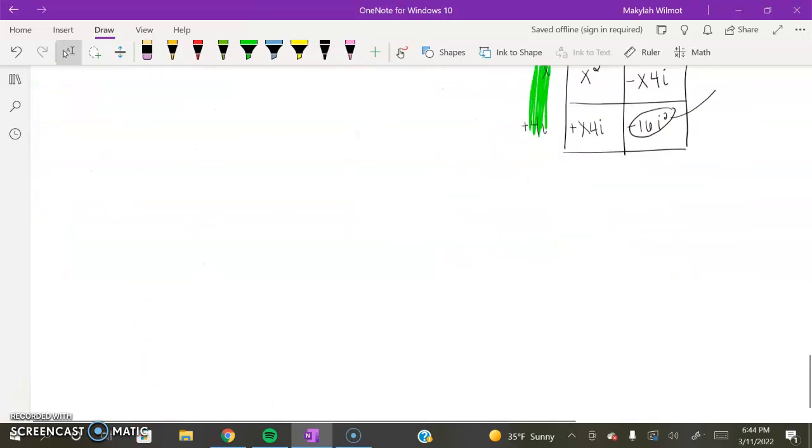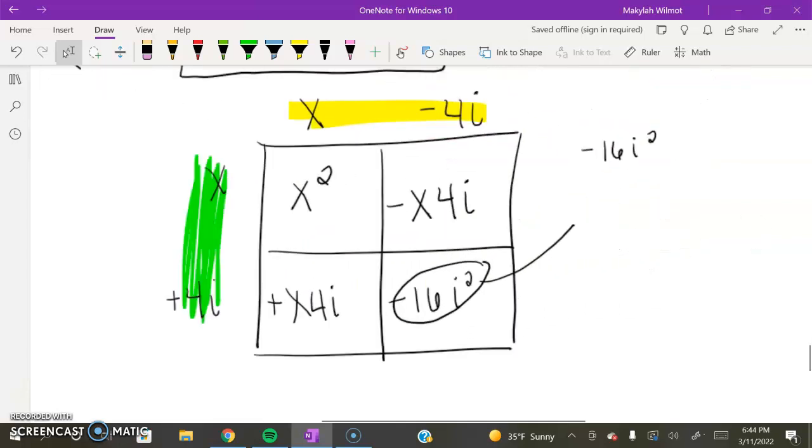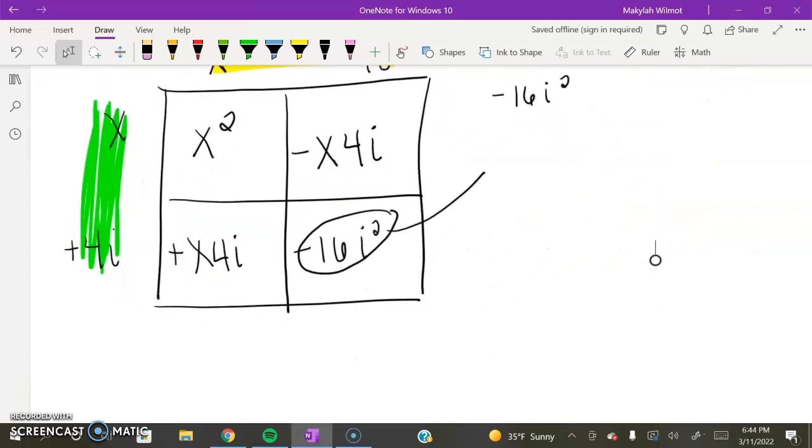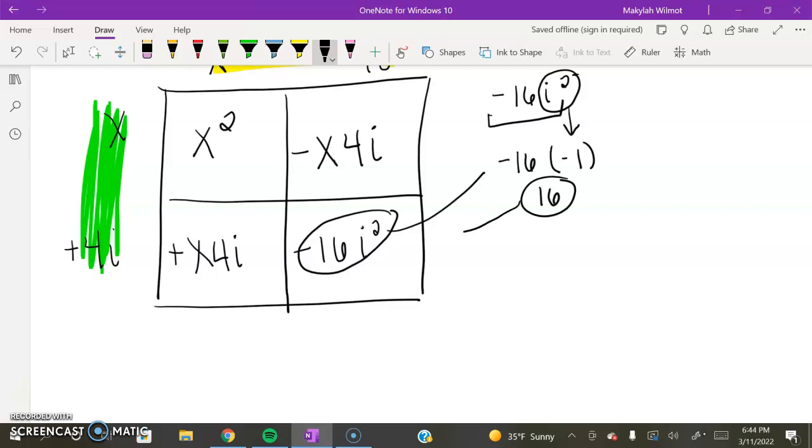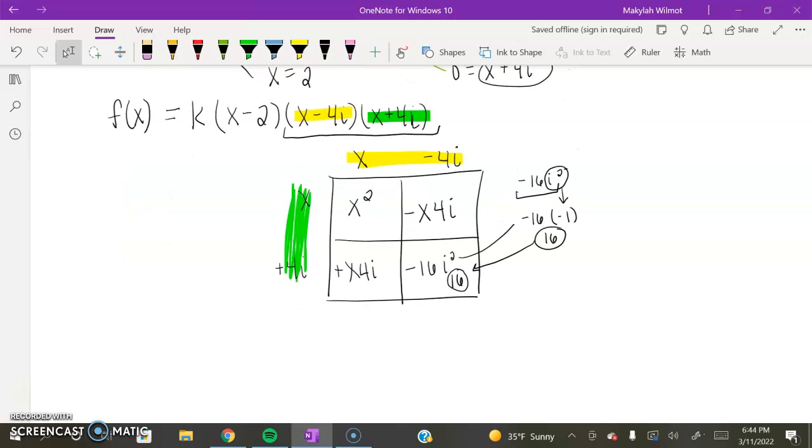So now that we know that, you can come over here and we can say, well, this is the same as saying times negative 1. Negative 16 times negative 1, because that's what this equals. So that equals positive 16. So we can write that here. So this is actually our answer. So I'm going to uncircle that one, that way we have our answer very clearly circled.